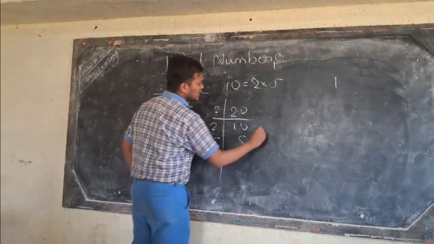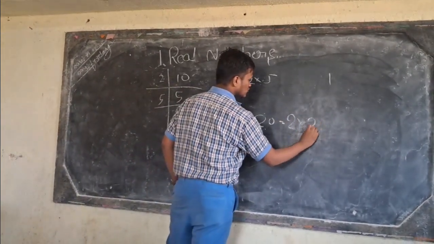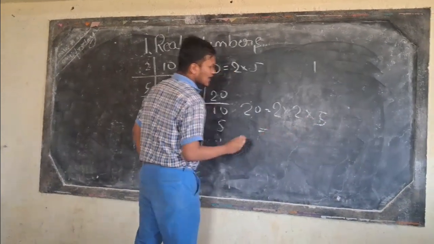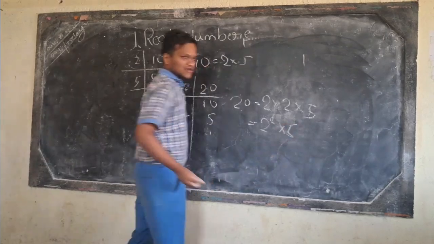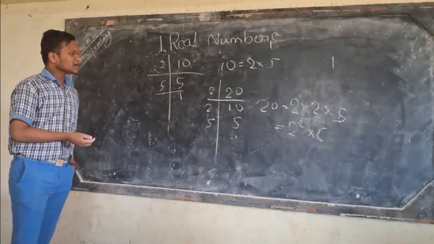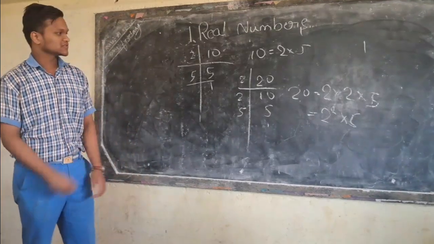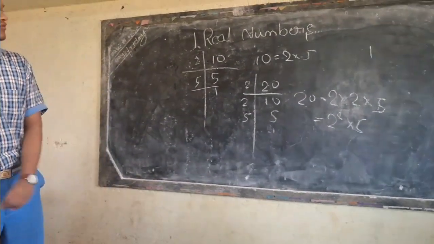Then factors of 20 are 2 into 2 into 5. We can write this as 2 square into 5. This is very easy, no? You can take 1 to 2 marks in your examinations. So let's move on to the next topic.